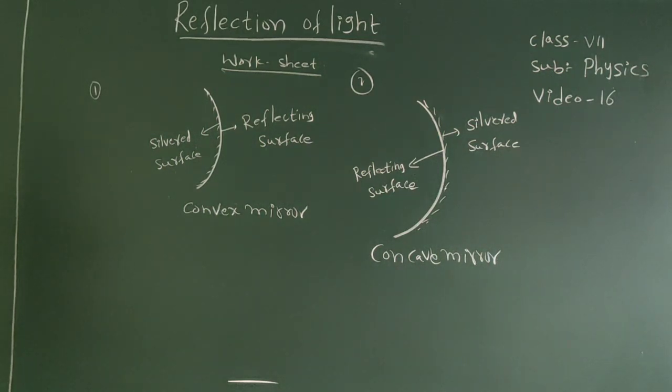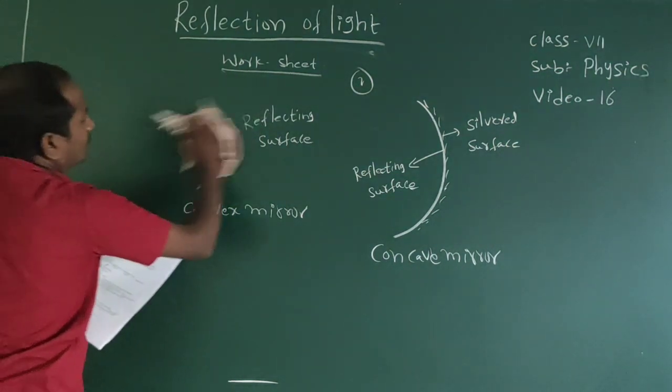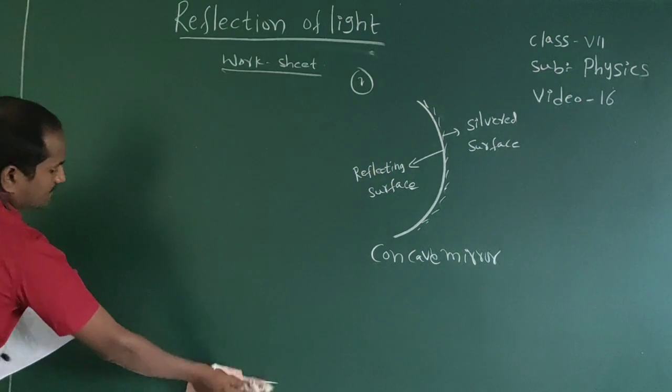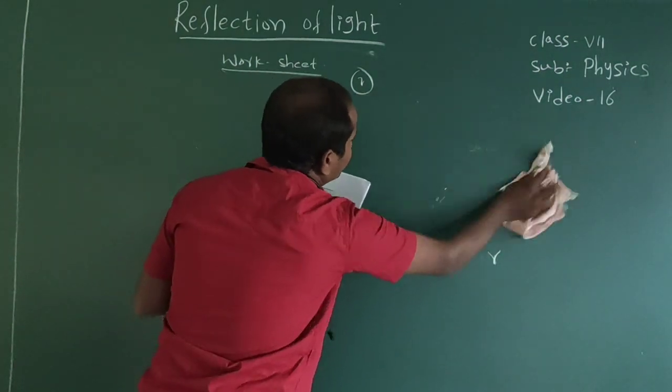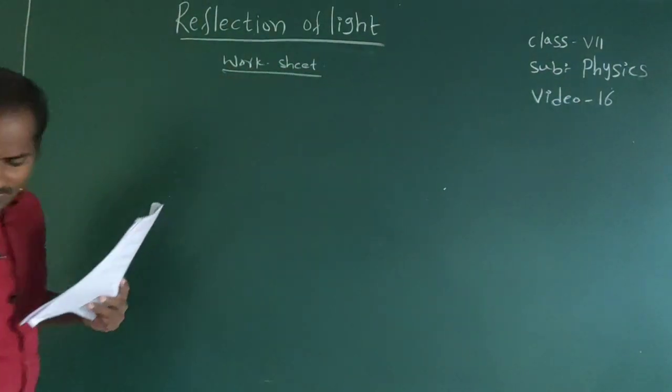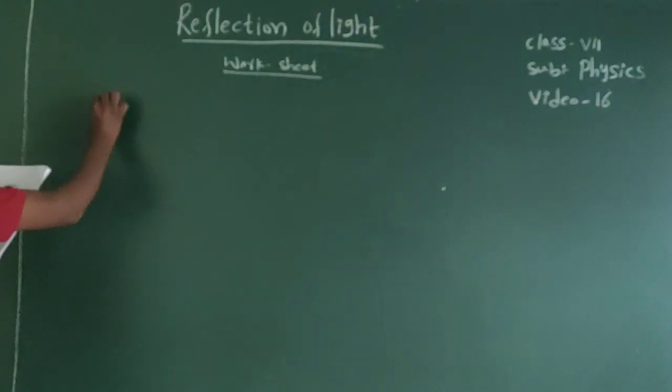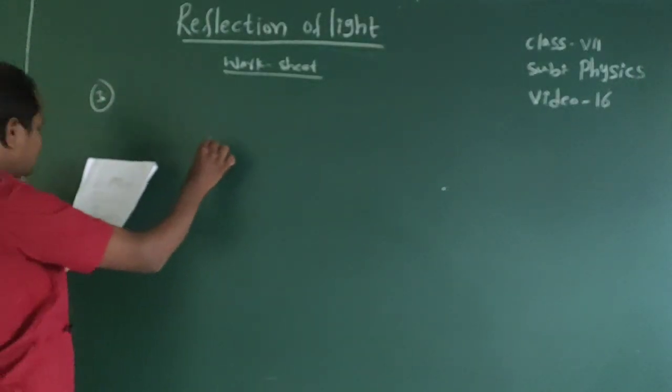The point on the spherical mirror at the middle of the surface is called a pole. Question number 3. Let us consider a concave mirror or convex mirror.